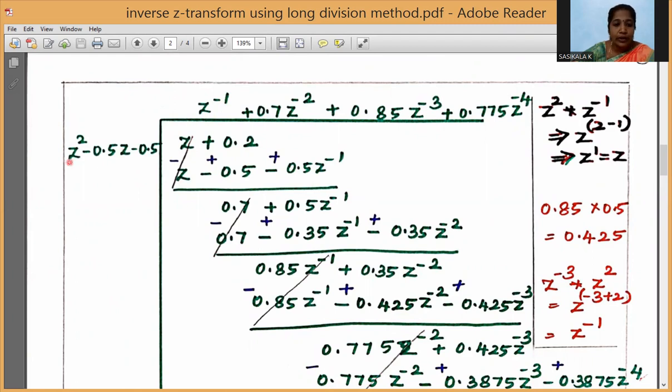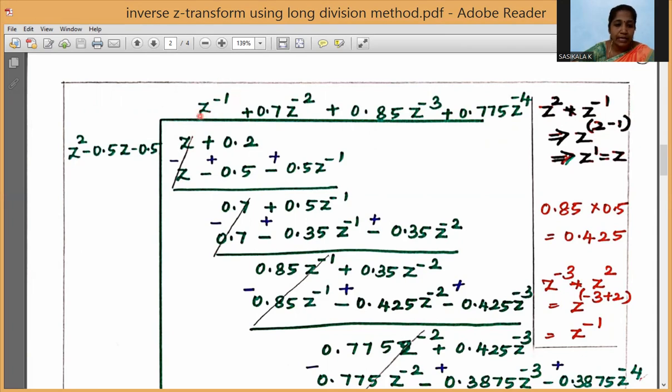So Z square into Z power minus 1, you will be getting Z. What we have to do is, in the superscript, if you have values, you have to add those powers. So here Z square into Z power minus 1: add the powers, Z power 2 minus 1, which is Z power 1, which is Z.